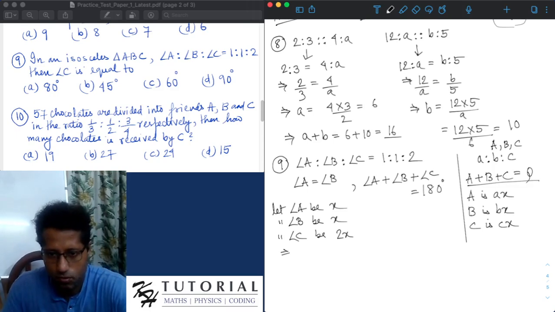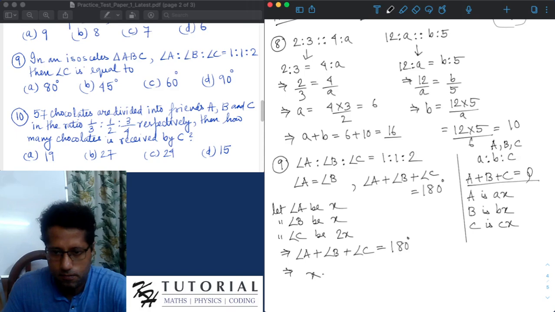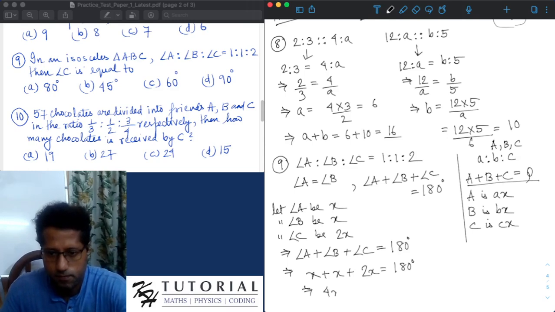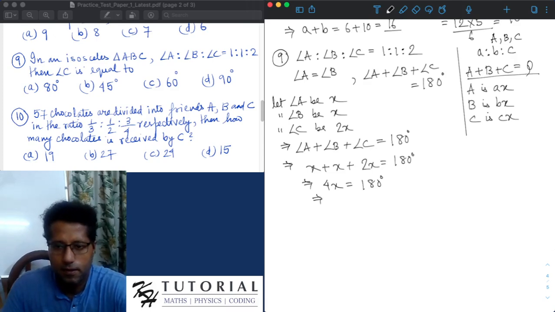So this implies, since the sum of the angles of any triangle is 180 degree, that x plus x plus 2x equals 180 degree. So this implies 4x equals 180 degree. This implies that x equals 180 by 4 degree.